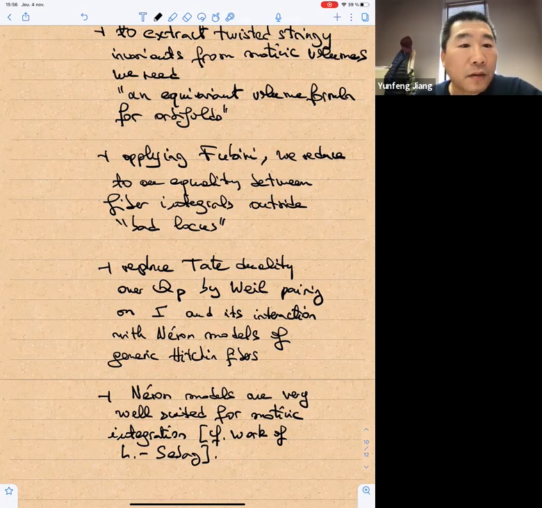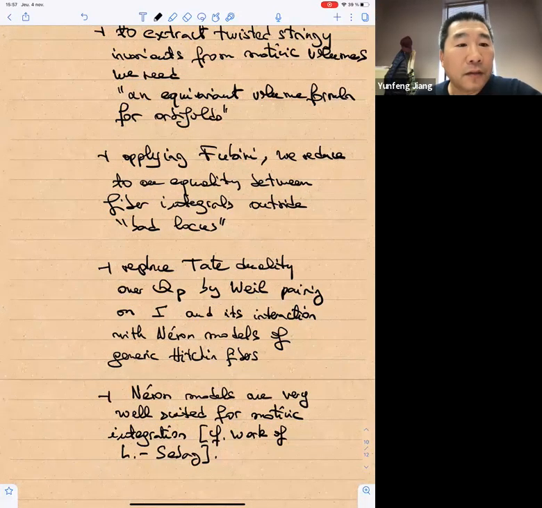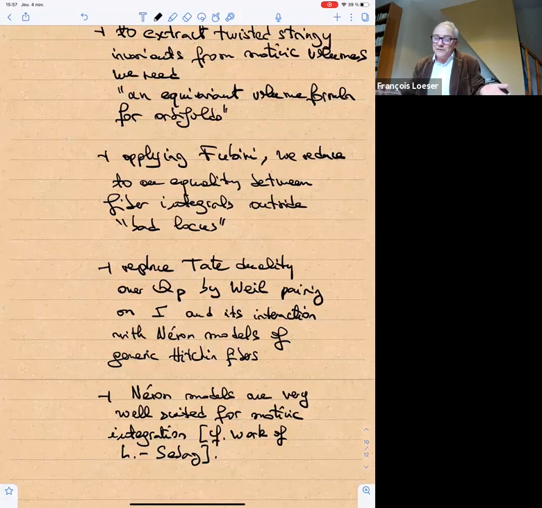But if you want to use Hitchin fibrations, you can of course compare the points more or less on generic fibers, but certainly you cannot do anything on bad fibers. I see. And of course, this a priori should make a difference for point counting.